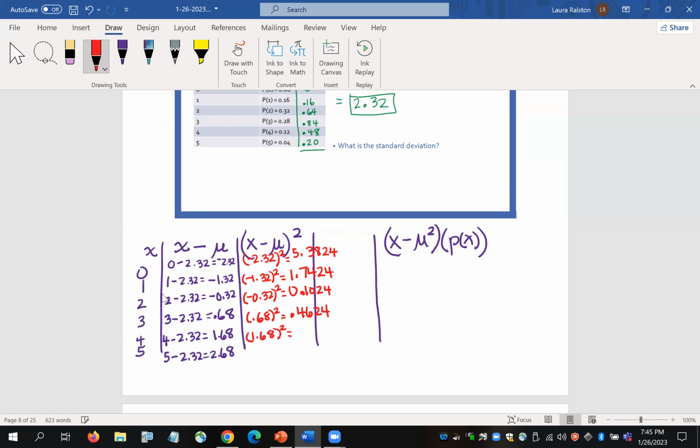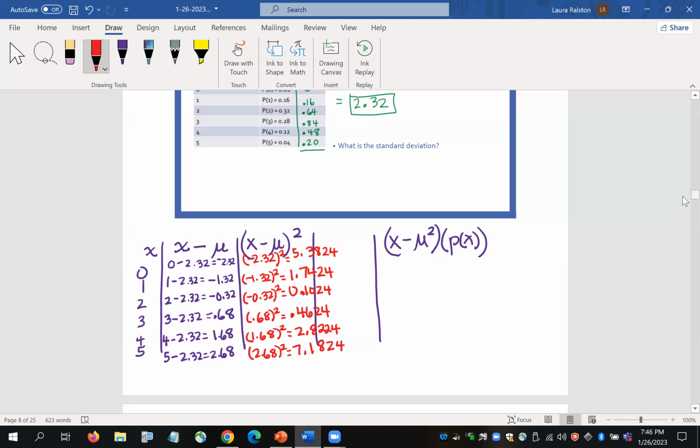Just takes a long time to do it, but you gotta do it. I suppose if you're good with Excel, you might set up an Excel spreadsheet to do it for you. And then 2.68 squared equals 7.1824.